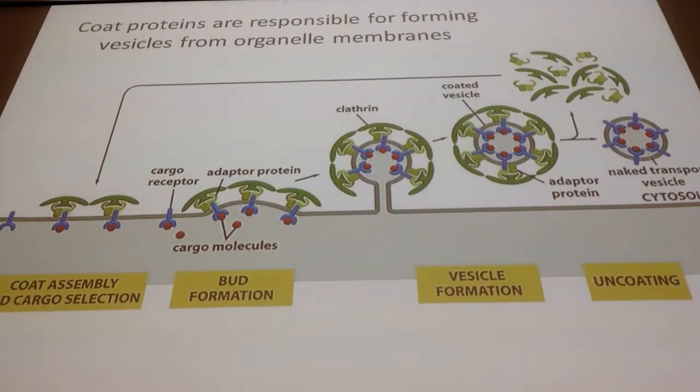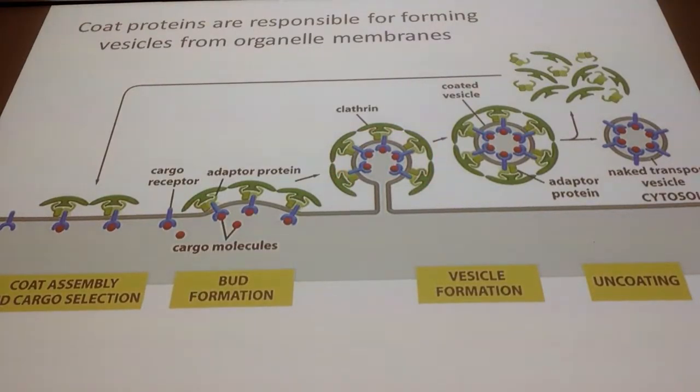So again, the particular coat protein that is used will identify a very particular membrane. Okay, so whether it's clathrin or anything else, we'll just say that it's a coat protein. What the coat protein does is that again it induces the budding.